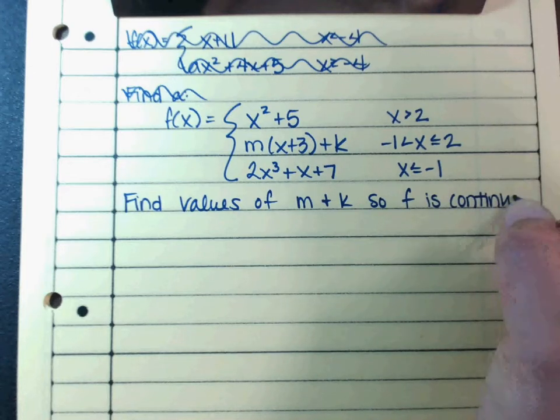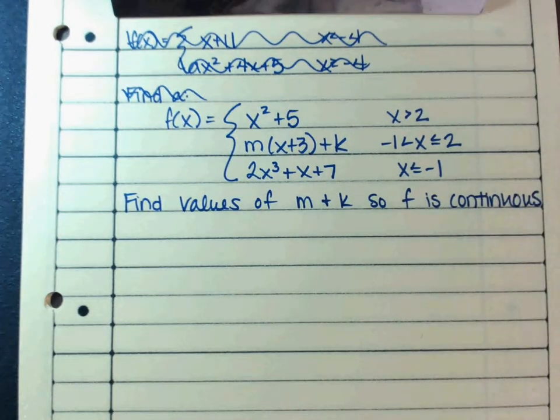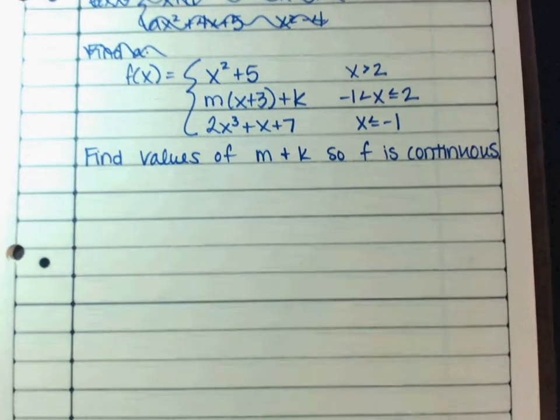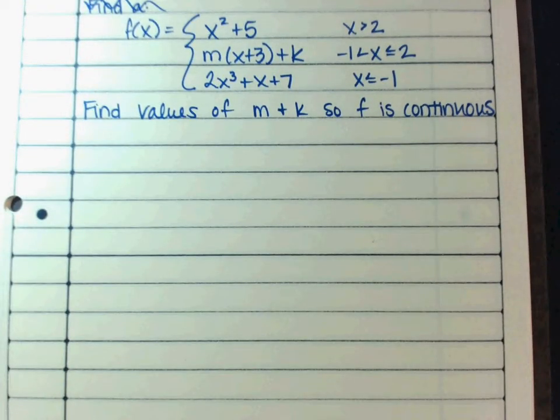I don't know if y'all heard what Megan said, but she said we're going to find one, and then we're going to have to go back and substitute to find the other. We're going to use basically a system of equations, okay? So what 2 things should we start setting equal to each other? The top and the bottom. Top and bottom? They have to have a breakpoint in common. So top and middle.